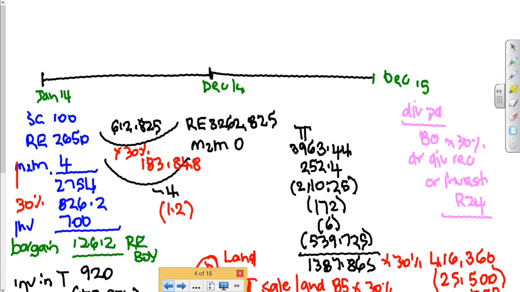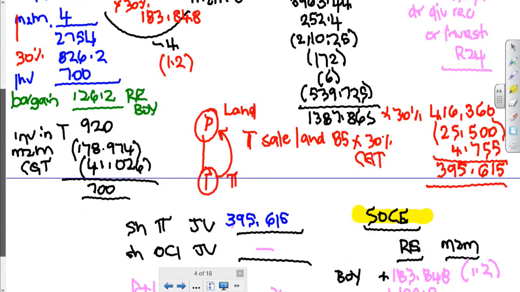But it's currently sitting in the books at 720. So this mark to market of 178,974 would have needed to be reversed. So that's that reversal. Do you agree?